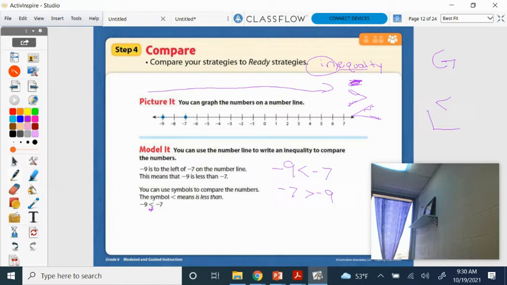So for -7 and -9, this is one thing. We're comparing one set of numbers, but we can write two different inequalities, which means we have to use the two different signs. And all we have to do to write it is just flip it. On your test, there's going to be several, like 2 or 3 problems that say, write two inequalities to compare these two numbers.